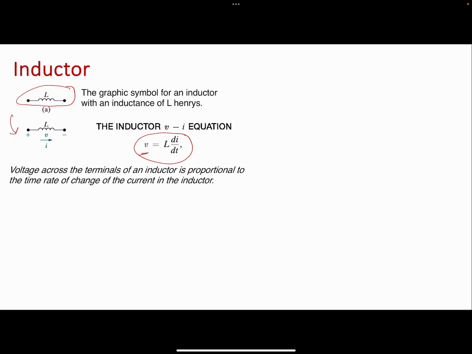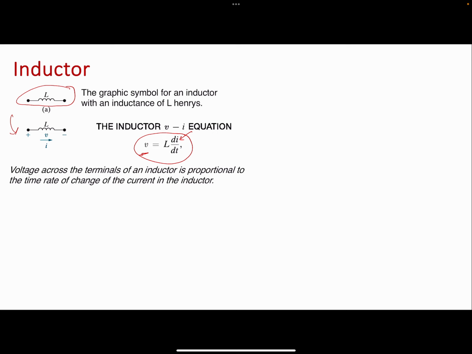The voltage that appears across the terminals of an inductor is proportional to the time rate of change of current. And why? We just talked about this. We apply a current that produces a magnetic field around the coil, which is an inductor.